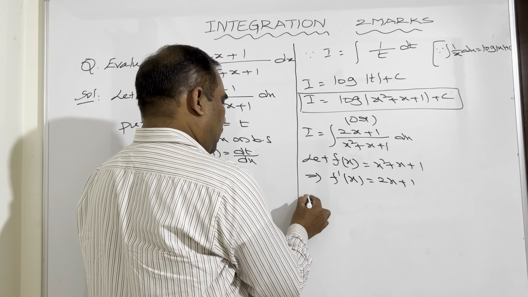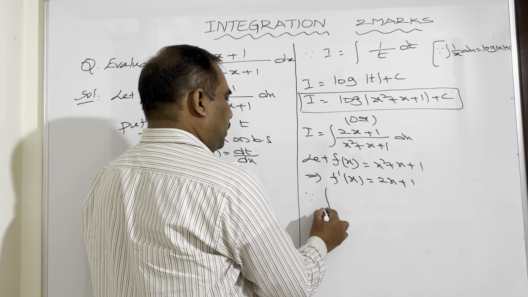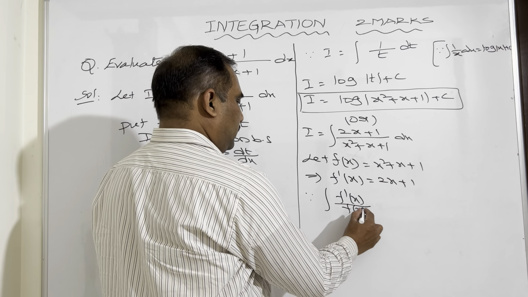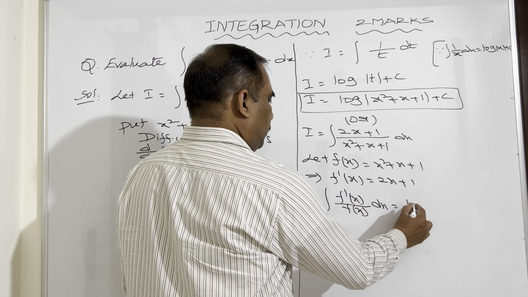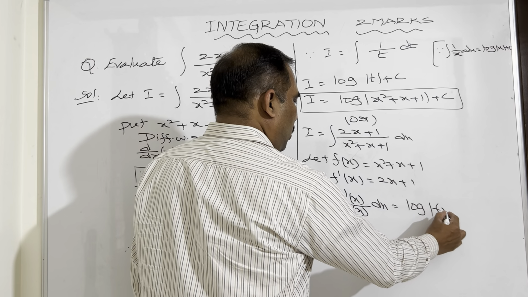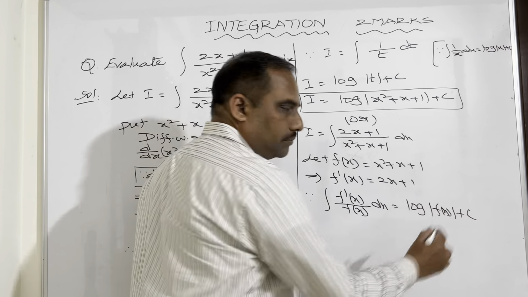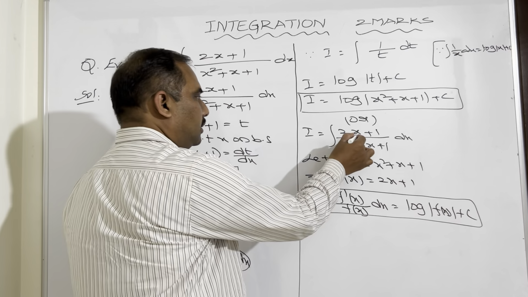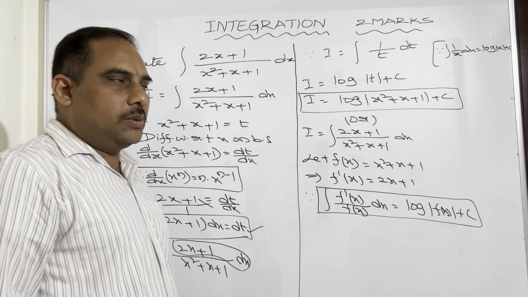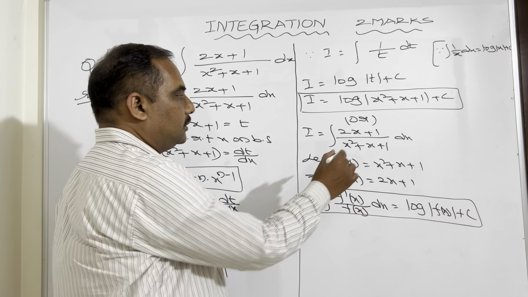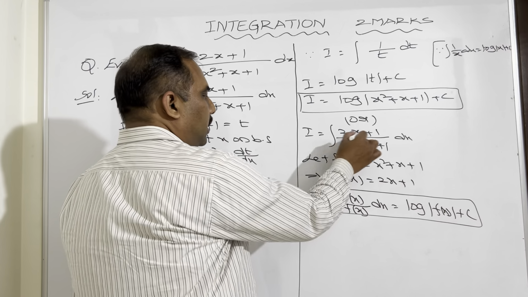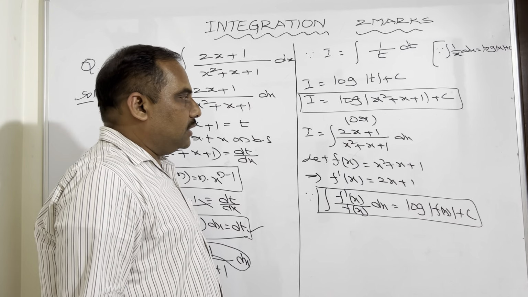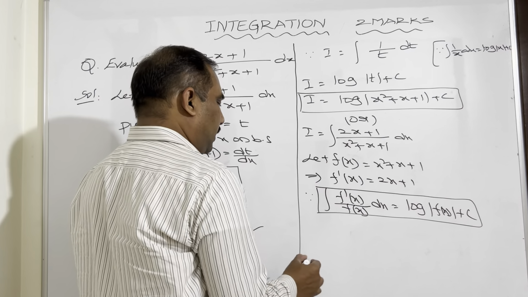We have one more formula: ∫ f'(x)/f(x) dx can be written as log|f(x)| + c. We can apply this formula here. In the integral (2x + 1)/(x² + x + 1) dx, the numerator is f'(x) and the denominator x² + x + 1 is f(x).